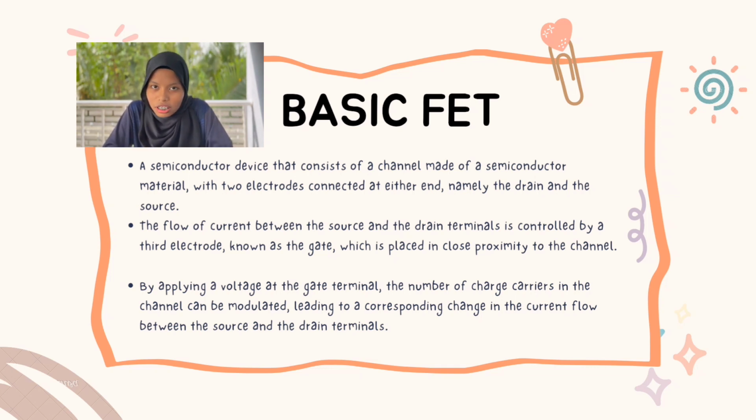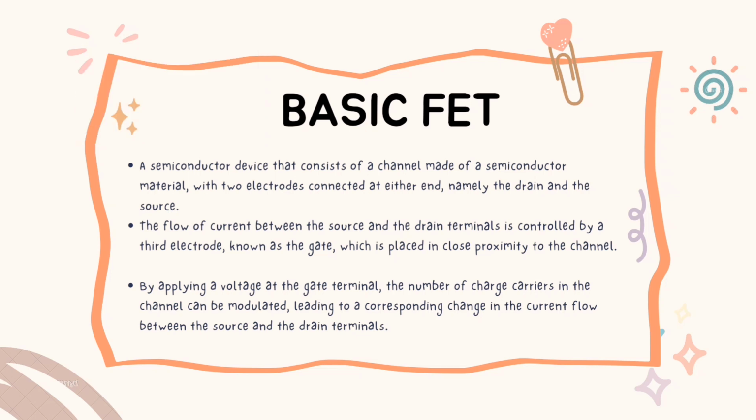By applying a voltage at the gate terminal, the number of charge carriers in the channel can be modulated, leading to a corresponding change in the current flow between the source and the drain terminals.